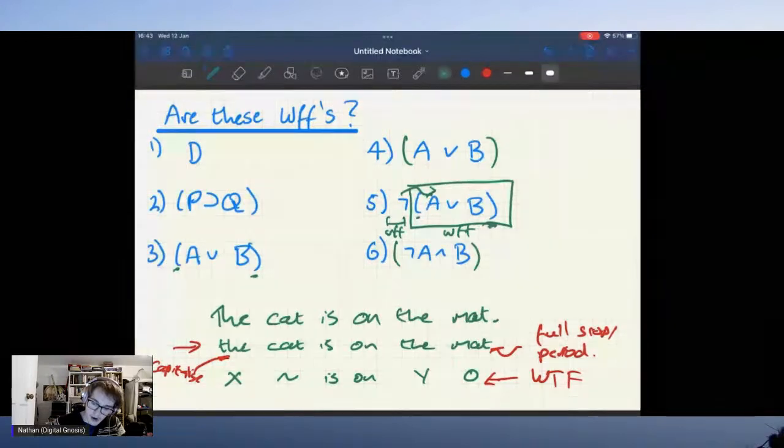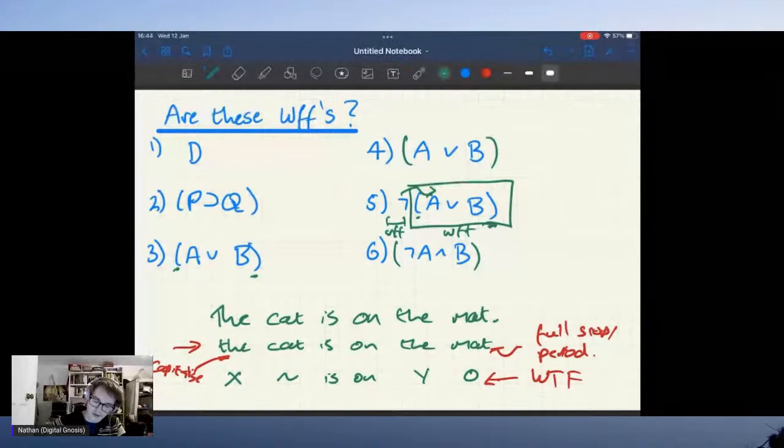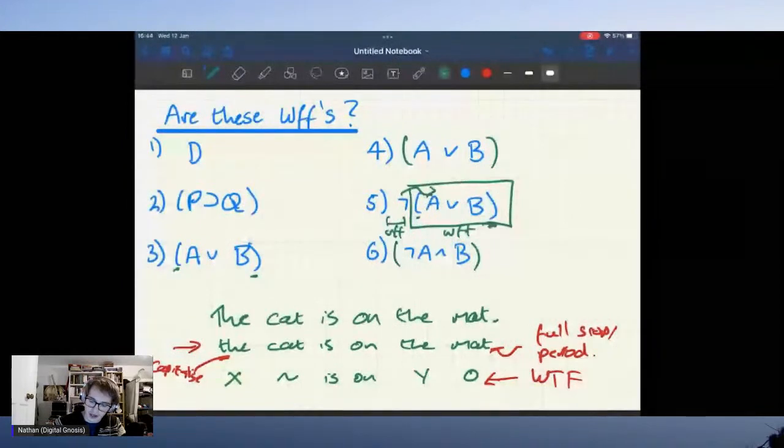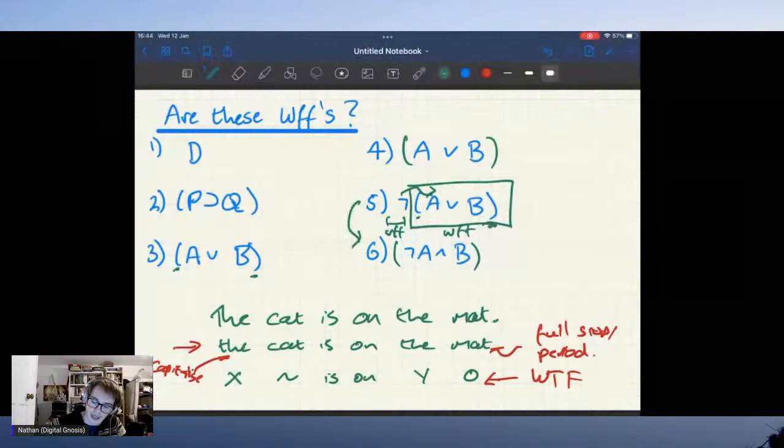yes, it would be a well-formed formula, but look, you can see how having or not having the brackets starts to introduce this ambiguity, because if we weren't strict about the application of our brackets, then we could get confused between 5 and 6, and 5 and 6 have different truth conditions. They mean different things.